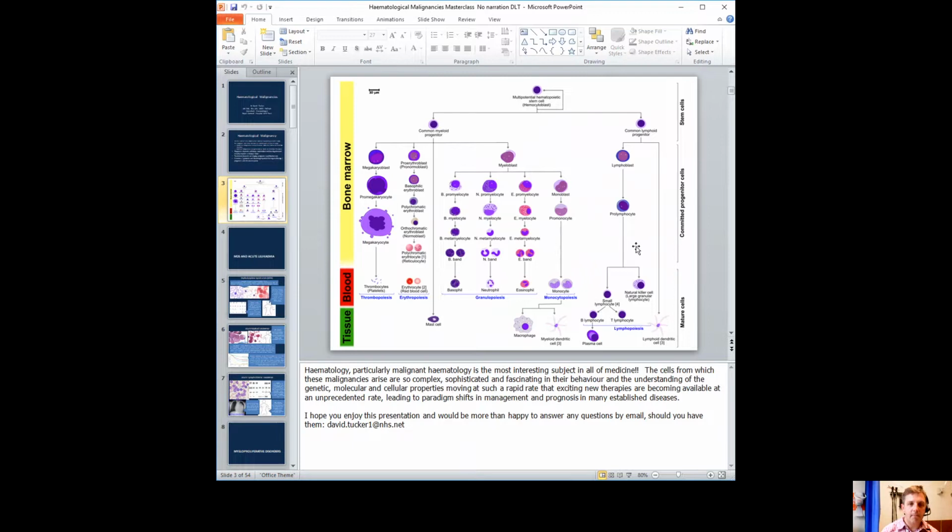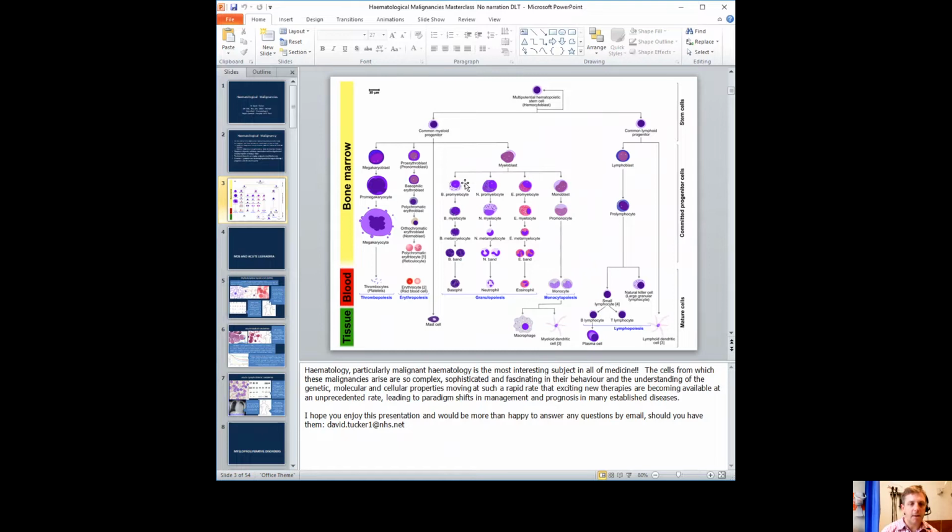Now, malignancy can occur at any stage here. So if it occurs early, then you've got an acute leukemic type presentation. That's like acute lymphoblastic leukemia or acute myeloid leukemia if it's occurring here. And then further down it occurs, you get different disorders. You can have a chronic myeloproliferative disease, chronic myeloid leukemia, where you get lots of these types of cells.